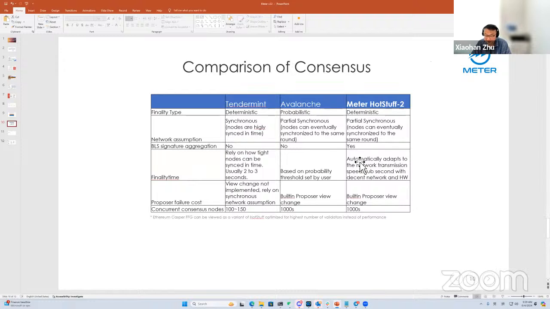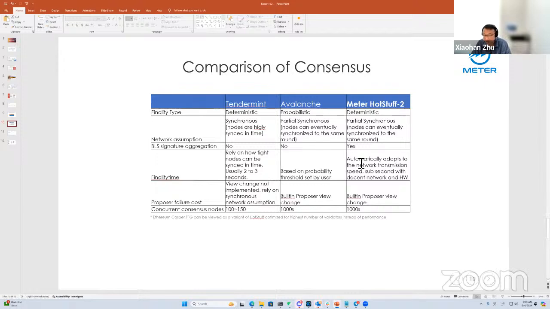So here is a comparison of different consensus algorithms you probably see in the space. Tendermint is a relatively older consensus algorithm, based on PBFT, which was invented in the 1970s. One of the things with PBFT is that if the block proposer fails, there's actually no elegant algorithm that can help to transition to a different block proposer.